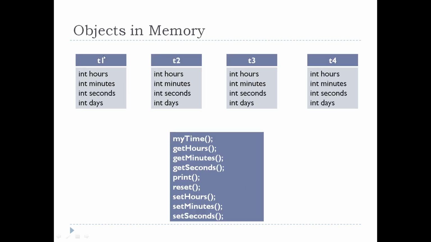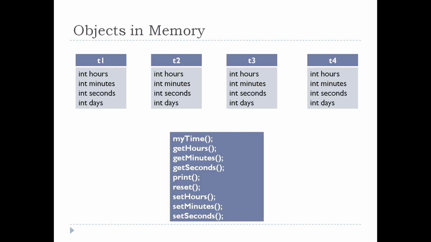Say, for example, we have a my time object T1. It will have a separate copy of the hours, minutes, seconds, and days data members or attributes. Similarly, if we have another object T2, it will have a separate copy of these 4 data members. T3 will have a separate copy. T4 will have a separate copy. So this is very reasonable. This is how it should be.